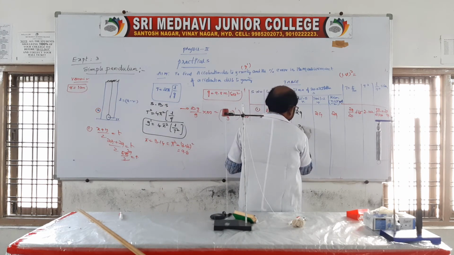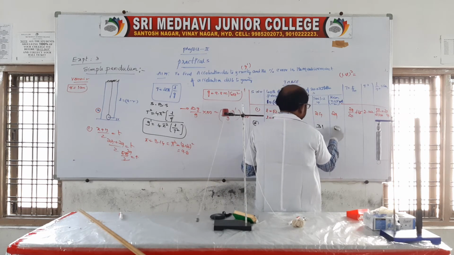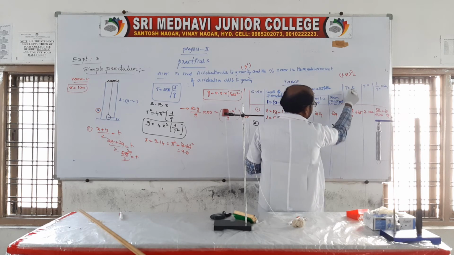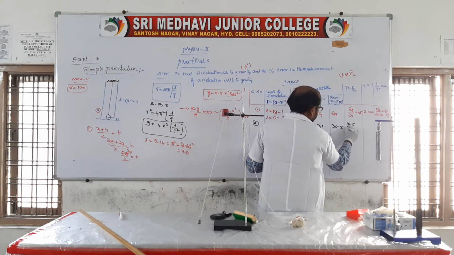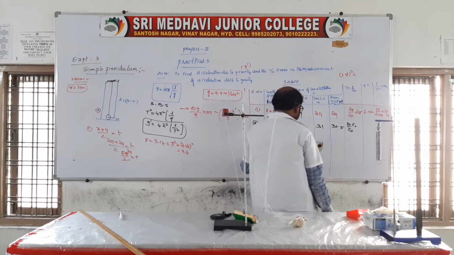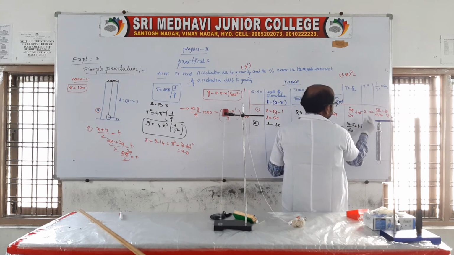We get a time of 30, and in the second trial we get 31 or something. So you take the average value, it may be 30.5, as small t by 20. So 30.5 by 20, approximately we get the value 1.5. Then take T square, whole square.